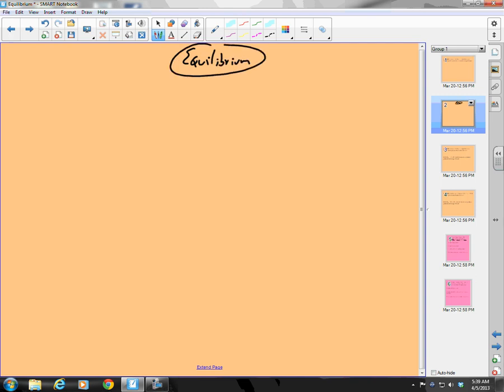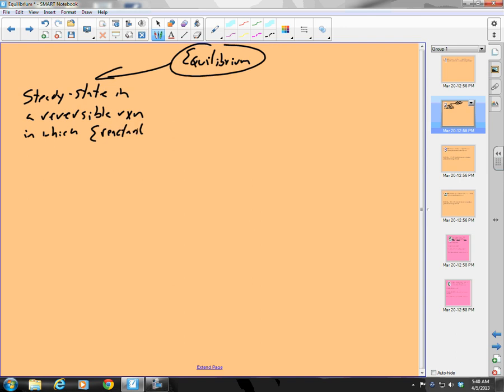equilibrium, right? And we said over here equilibrium was a steady state in a reversible reaction in which the concentration of the reactants is constant and the concentration of the products is constant.